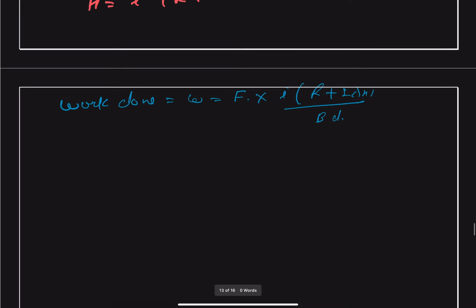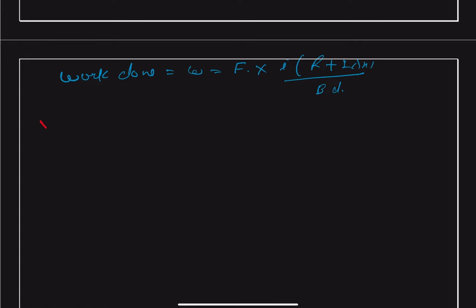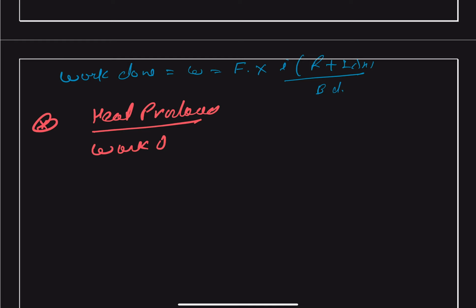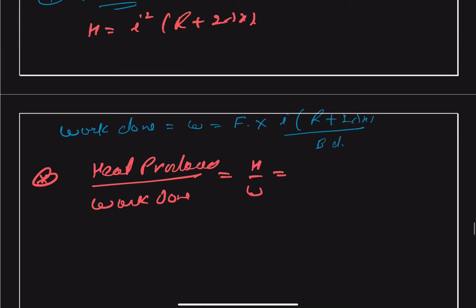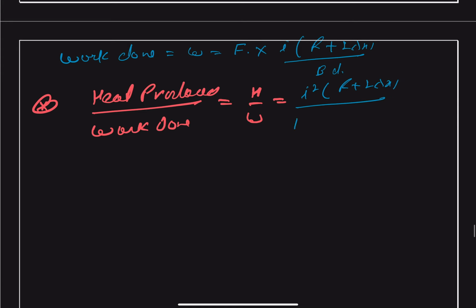So therefore you can say that heat produced divided by work done will be H upon W, and this gives us H, which we found is I squared times (R plus 2 lambda x), divided by, here we have F into I, and this is (R plus 2 lambda x) divided by B d.